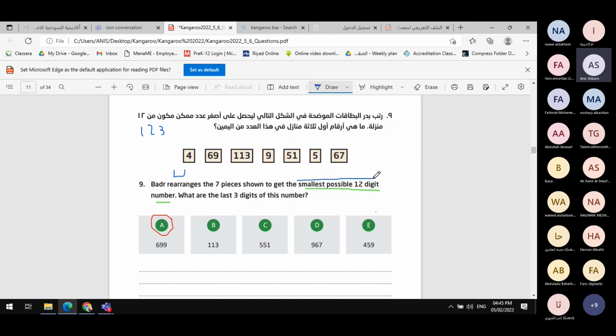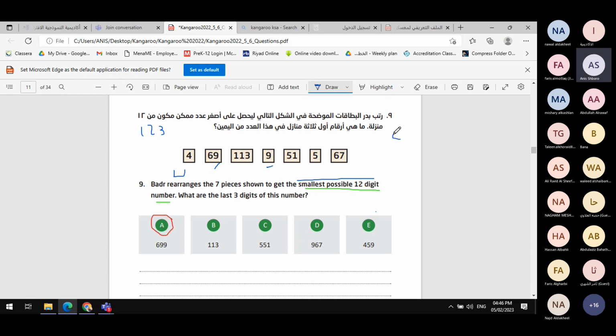The question is the smallest possible 12-digit number. So we start by picking up the biggest digit first. It's clear we have the 9 in two cases. So one of them will be the first box.